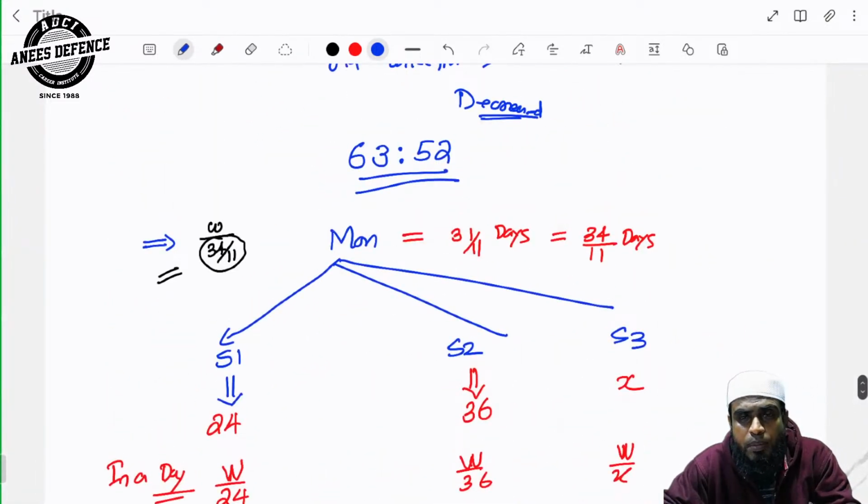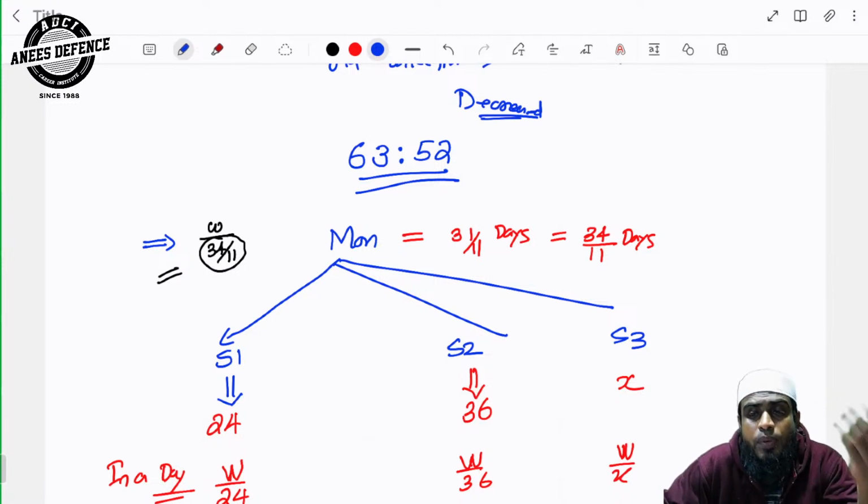So the question is, a man has 3 sons. If you are considering the total work done by the 3 sons, the man can do the double of the work done by the 3 sons together.